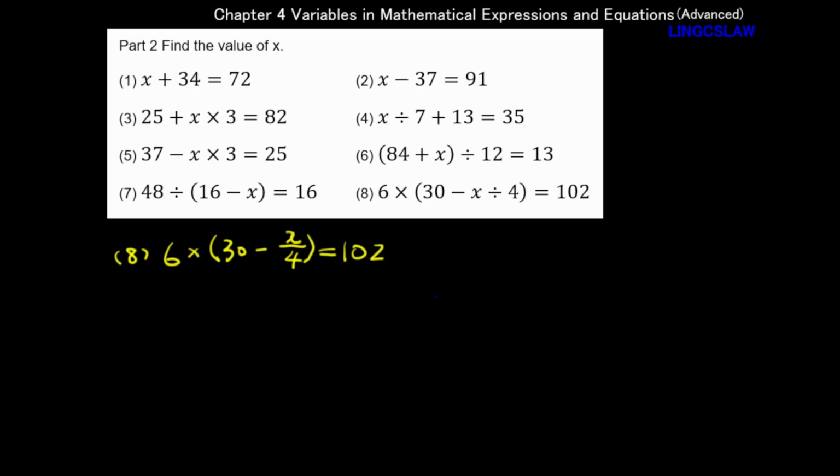First, let's divide both sides by 6. 102 over 6 is 17. Okay, and let's subtract 30 from both sides.